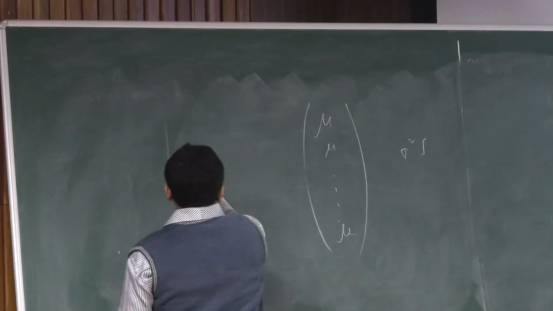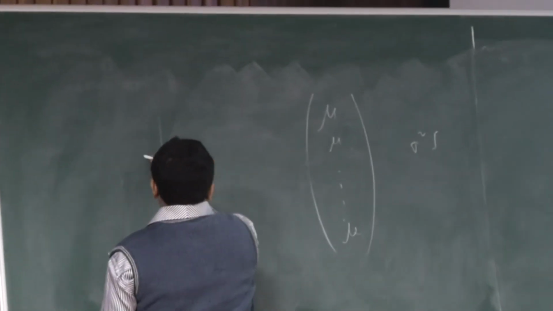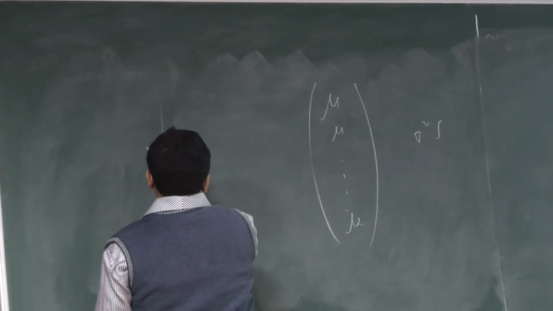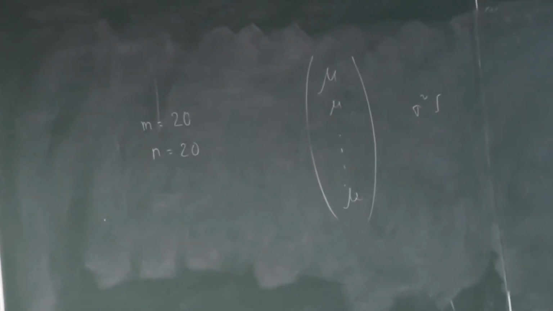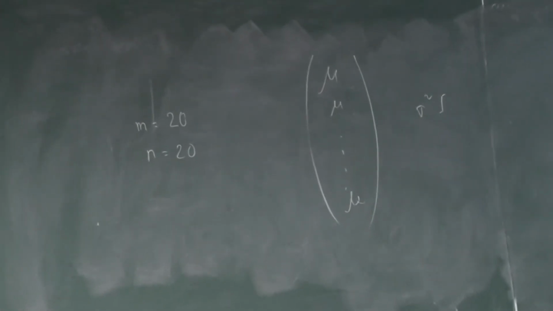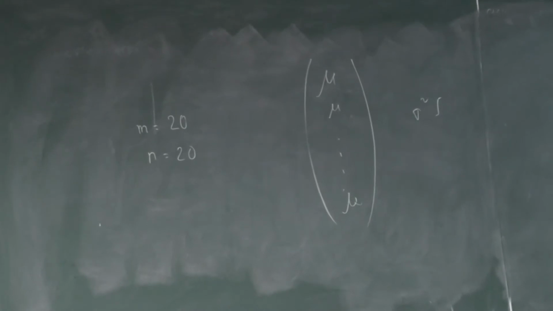So 20 observations were taken from F and 20 observations were taken from G. And based on these 40 observations, we tested whether the two distributions are identical or not.